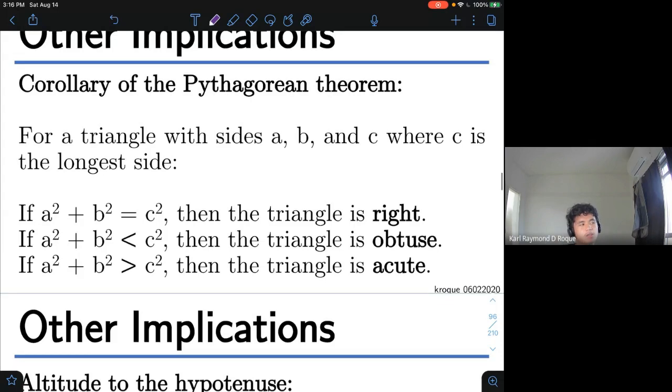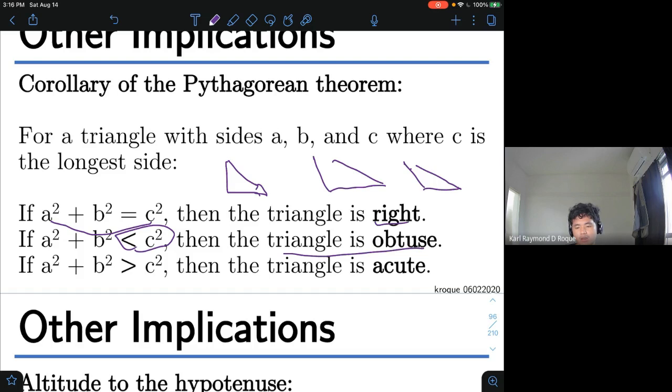Other implications of the Pythagorean theorem are very useful because you can predict what kind of triangle it is. If a squared plus b squared equals c squared, of course, it's a right triangle. If less than, it's as if from a right triangle it became like this. When it becomes obtuse, it's like that. Something is lacking, right? So the triangle is obtuse.